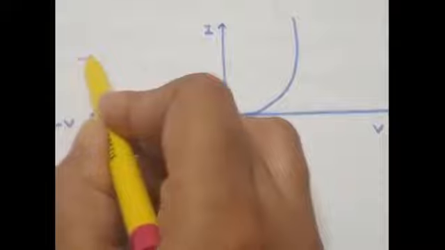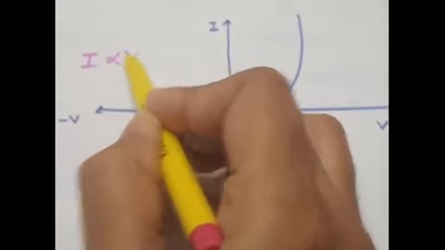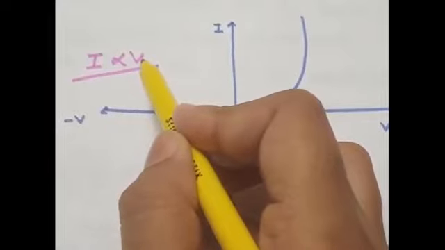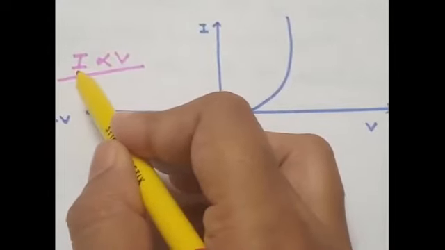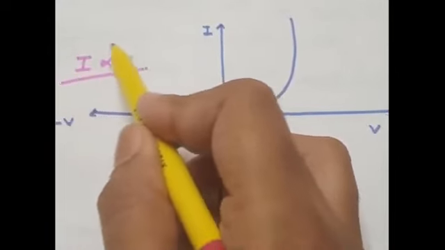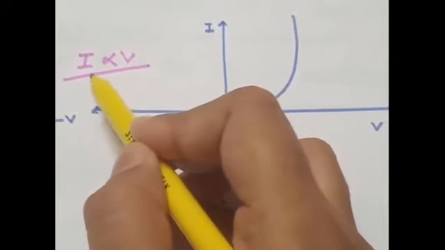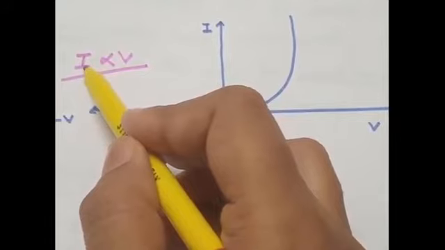Because if current is directly proportional to the potential difference, that means when a positive potential is applied, some amount of current is flowing through the circuit. But when this potential is negative but of the same amount, then the current should also flow in the same amount but in the opposite direction.